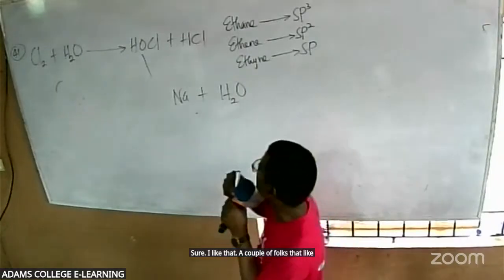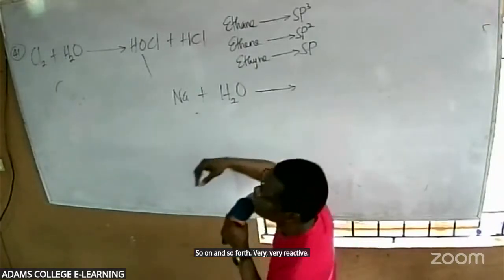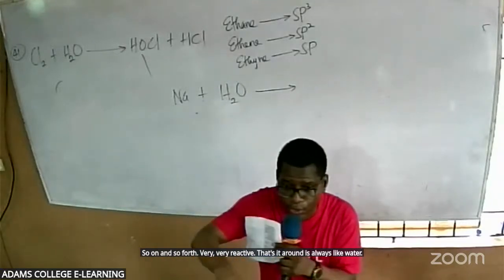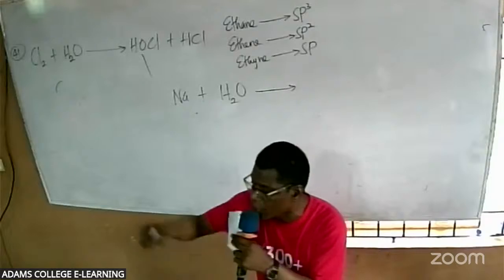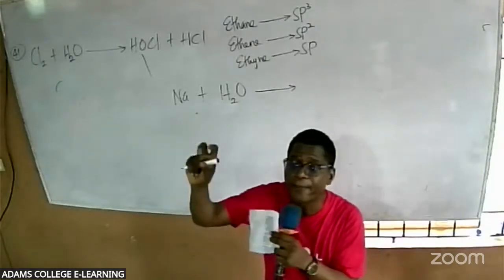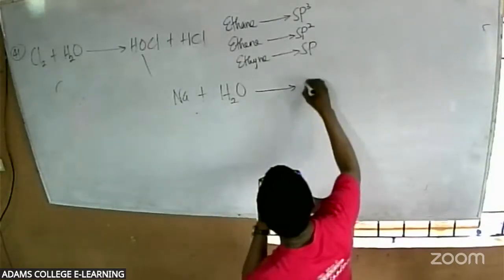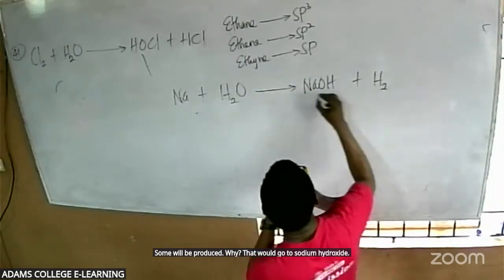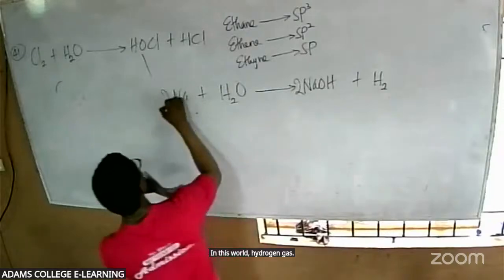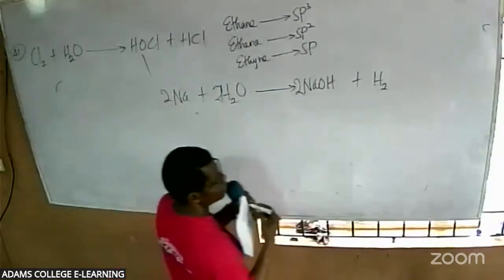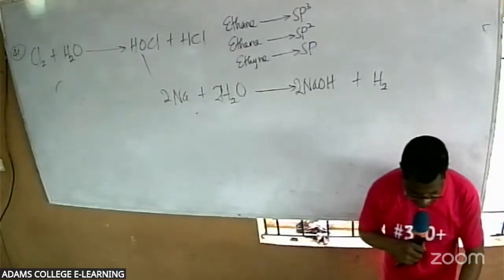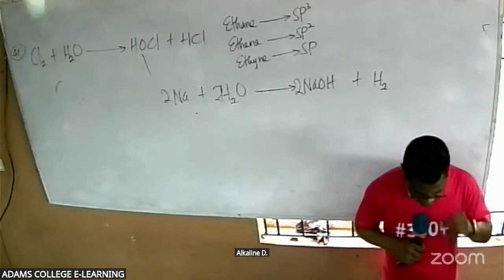Very, very reactive. So you put it in water, it starts darting around the surface of the water. Sound will be produced. Why? It forms sodium hydroxide and releases hydrogen gas. So the answer is alkaline, D.